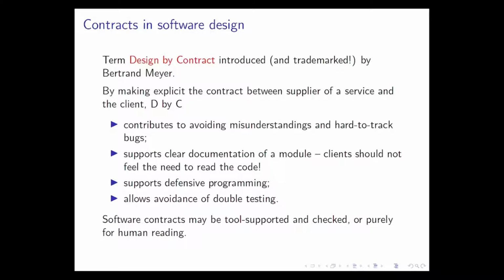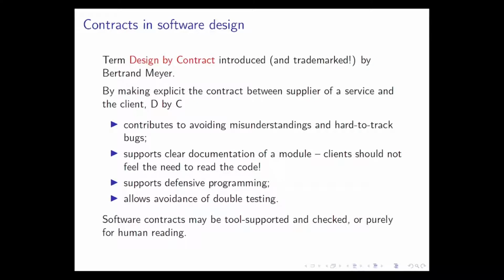And so in this way, as we shall see, design by contract contributes to avoiding misunderstandings and hard-to-track bugs that might result from them. It supports the clear documentation of a module, so the idea here is that a client of a piece of software should be able to read the contract that the software is willing to enter into, instead of feeling the need to read the code.